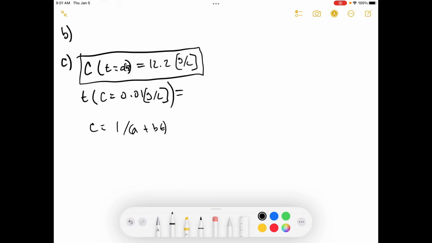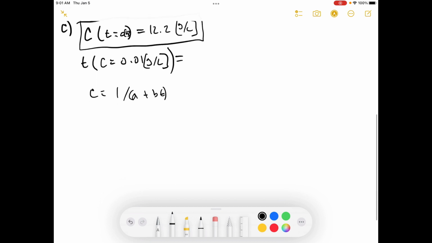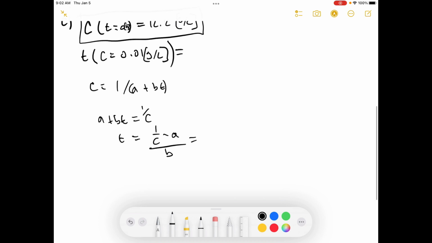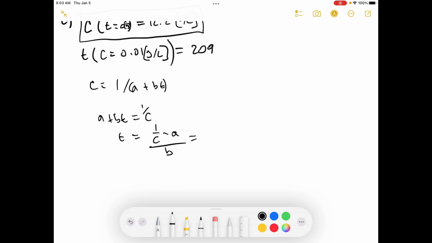Now we can solve this in terms of T. Let's say A plus BT equals 1 over C. And then we have T equals 1 over C minus A, divided by B. Okay. So then we put 0.01 in for C, and T equals 209.4 hours. Okay, that looks about right.